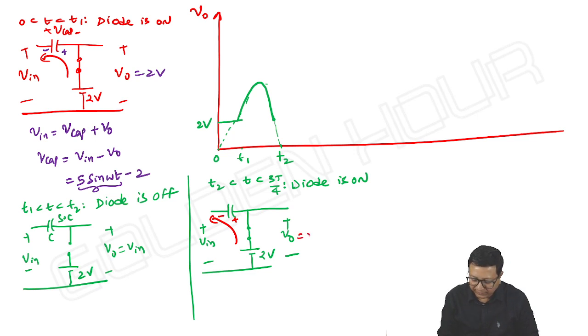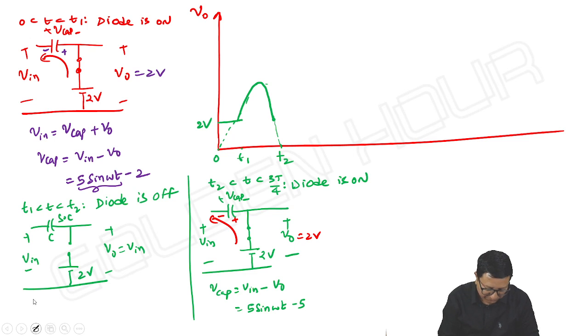Output is 2 volts, and if I take V capacitor this way, then again the same story repeats, that is V capacitor is equal to V in minus V output, 5 sin omega t minus 5, sorry, not 5, it is 2.